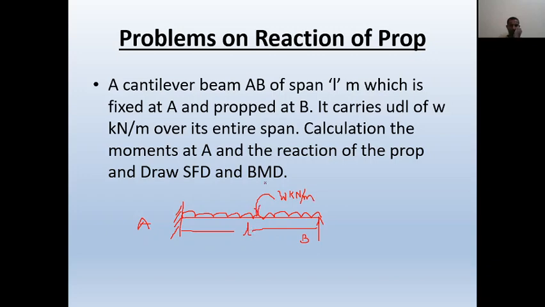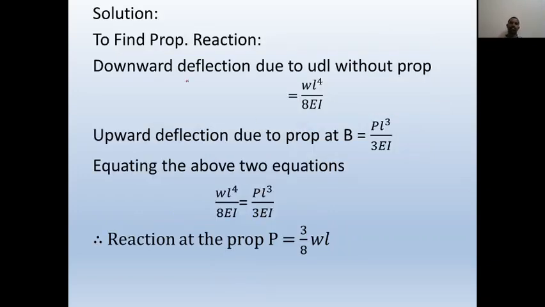Like this, we have a diagram. Now the question is to calculate the prop reaction P and also the SFD and BMD, shear force diagram and bending moment diagram. These are two other required things apart from the prop reaction.